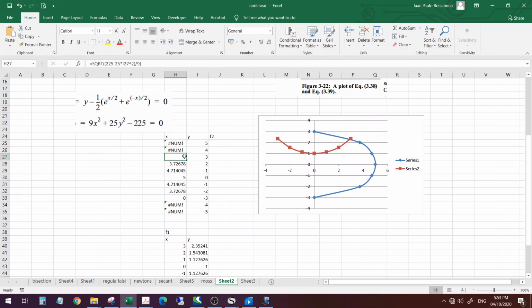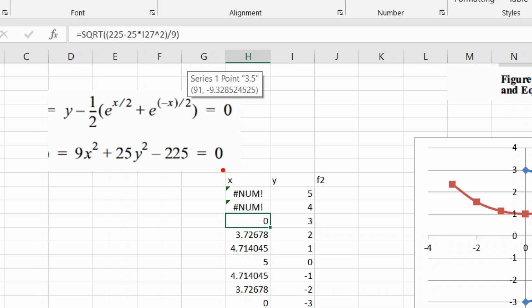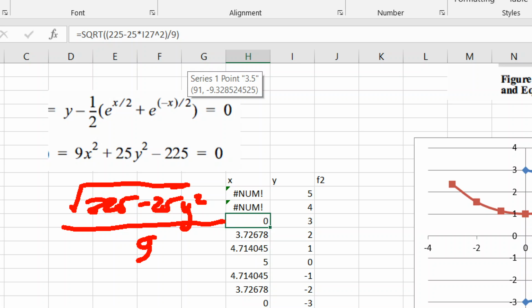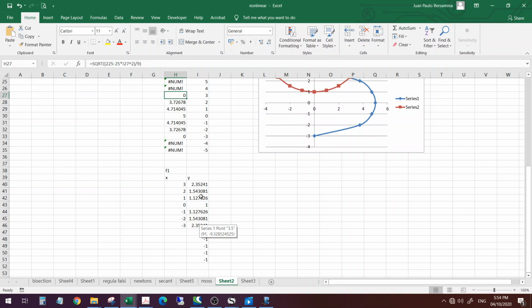For f2, my x is the square root of 225 minus 25y squared over 9, because I transformed the equation to find x.